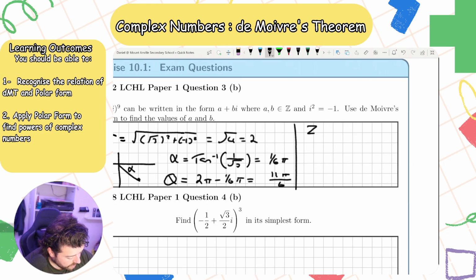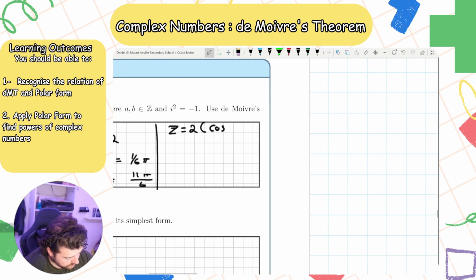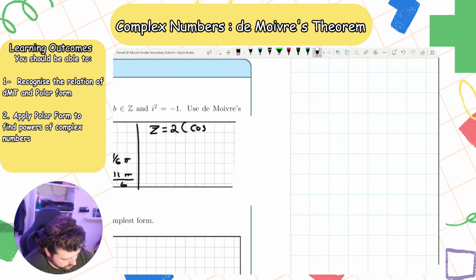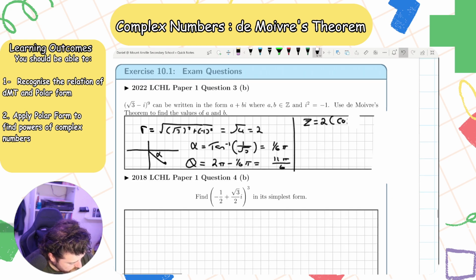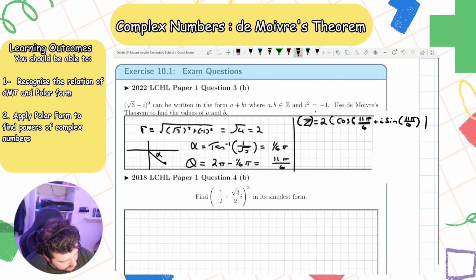Sub it in, I get z is equal to 2 times cosine 11 pi over 6 plus i sine 11 pi over 6. Then I'm putting all this to the power of 9.